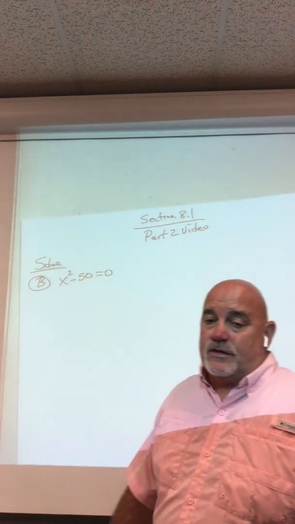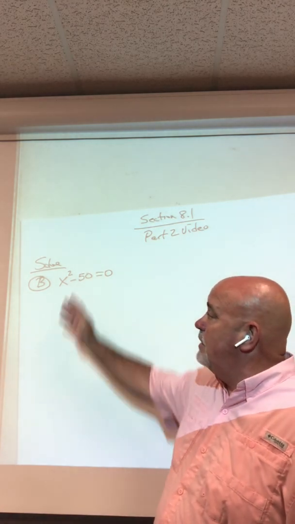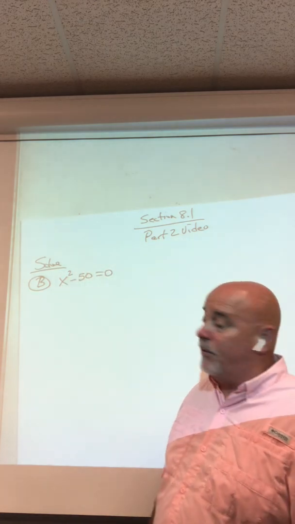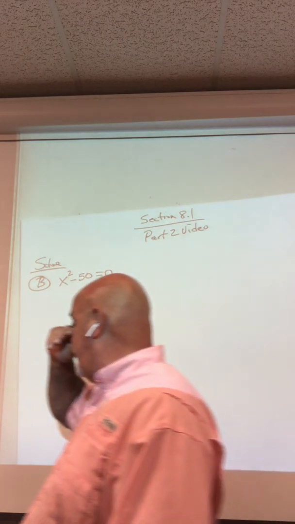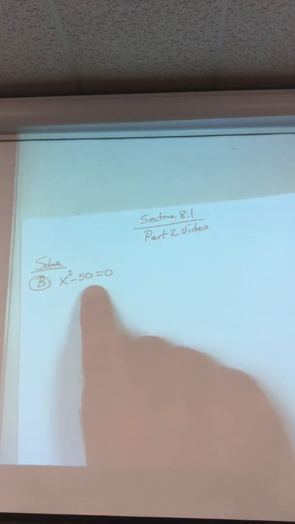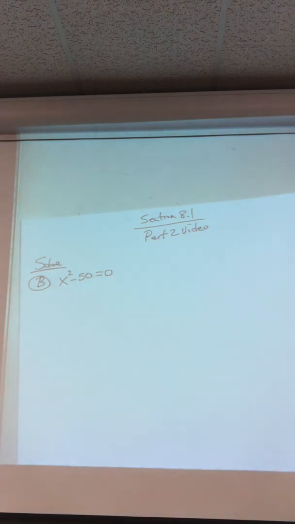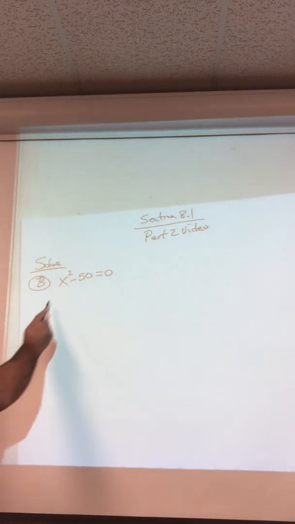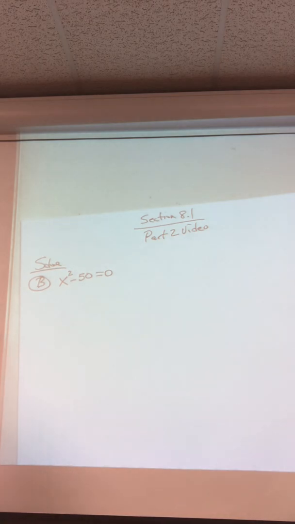Example, this one. So let's look at our second example, solved by the square root property, x squared minus 50 equals 0. See, if you take this problem right here and you try to solve this by factoring, it's got to be set to 0. It is. The problem is when you try to factor this is a binomial.